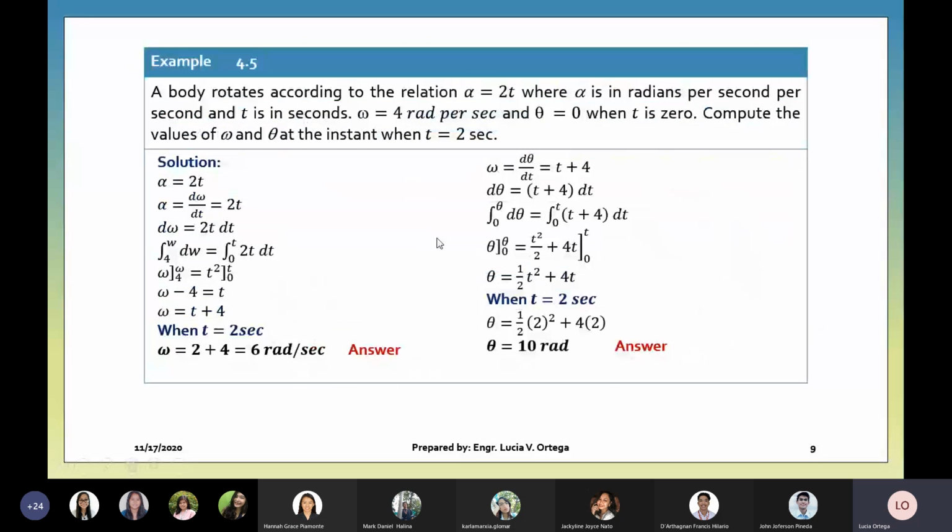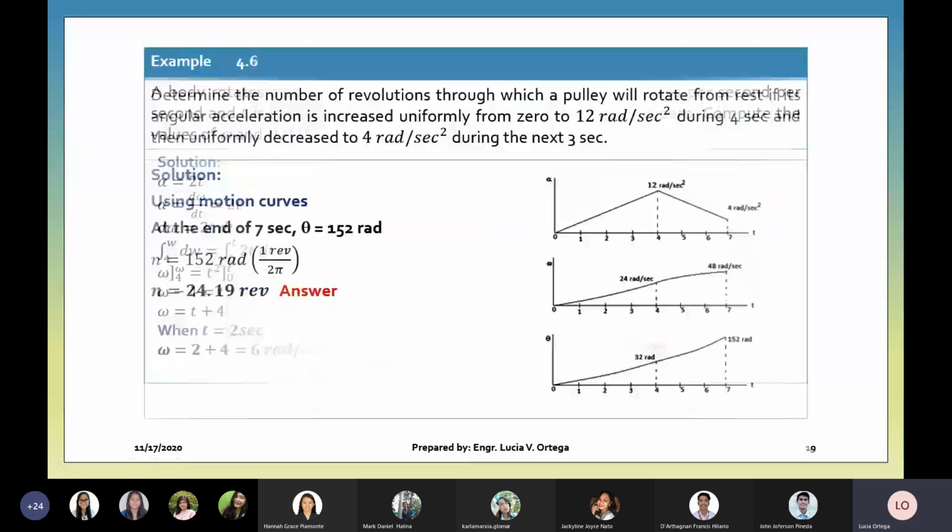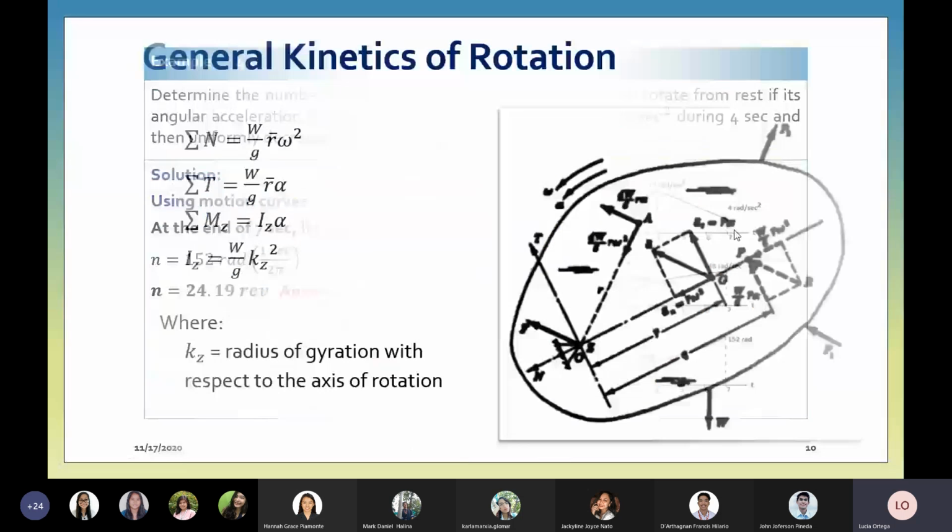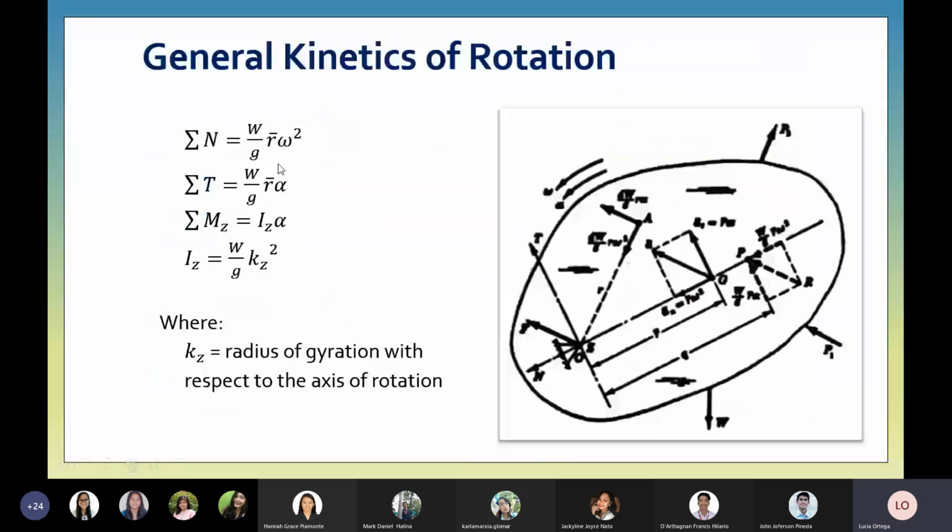Since we are solving for the forces normal to the motion, it's the same equation when we apply Newton's second law of motion and D'Alembert's principle. We just change this one to angular velocity. So summation of forces tangent to the direction of motion is W over g R times alpha.